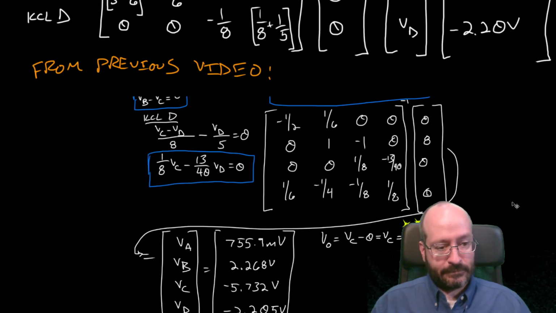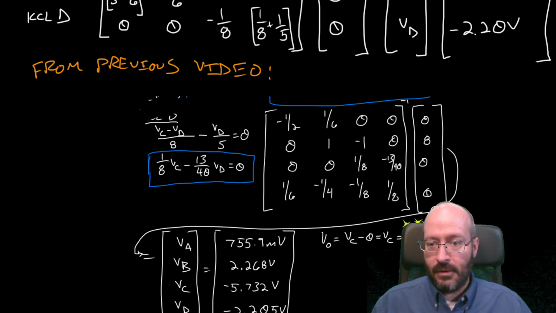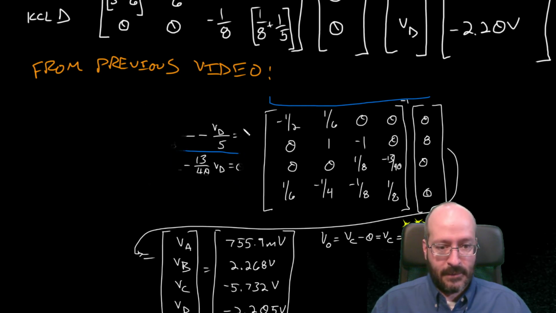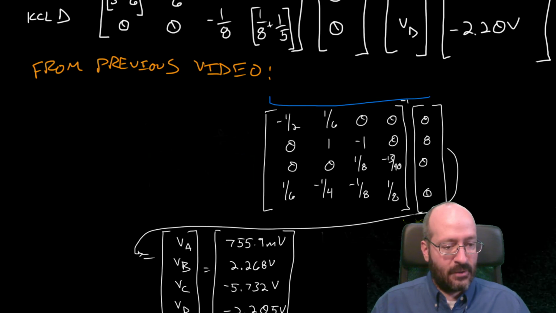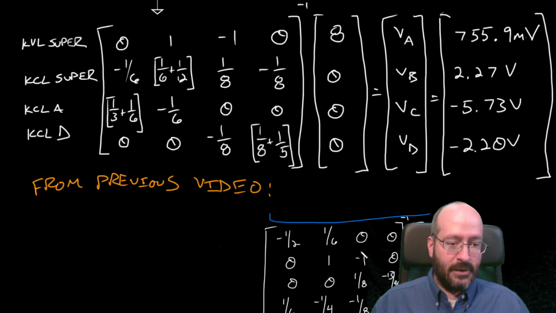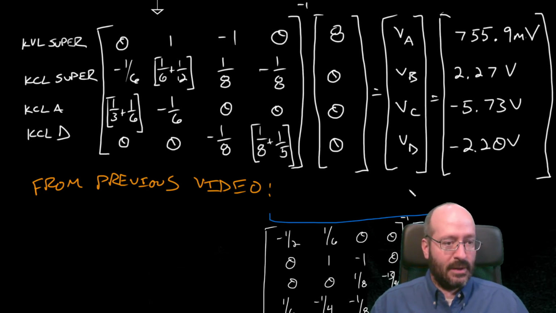Okay. So that was from the previous problem. Let me just get a bigger eraser here so I can clean this up quick. We're not looking at V out right now. We're just trying to make sure we get the right nodes. So check these matrices. You're going to find that they're equivalent. They might be a little out of order, but the solution ends up being the same. 755.9 mils, 2.27.